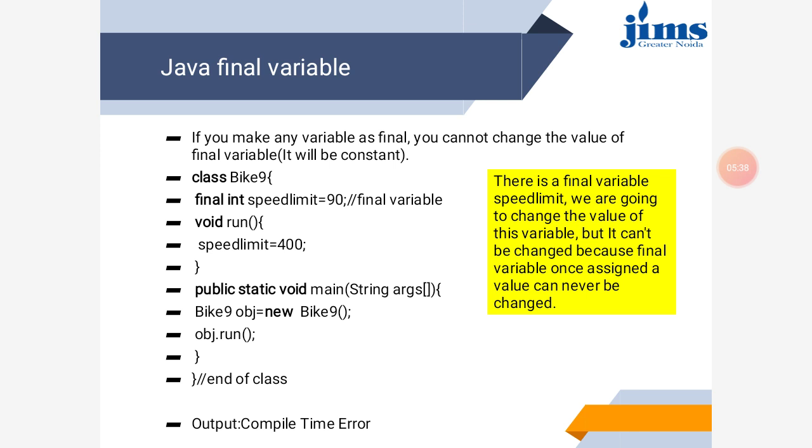So the speedlimit value will be 90 and you are not able to write to it, but in your method you have tried to, so it will give a compile time error. It is very clear: once you mention the final keyword before any variable, that will not change in your program.